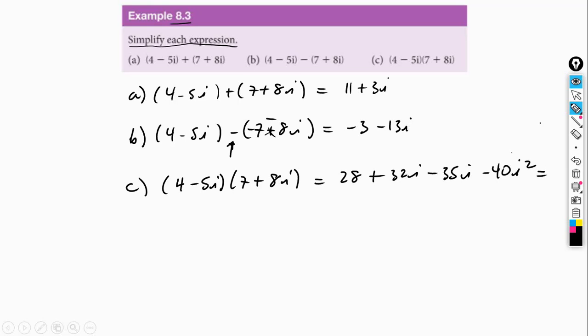So here notice that i squared is negative 1, so this is minus 40 times negative 1. In other words, this is plus 40. So we're going to end up with the complex number 68, and then 32i minus 35i would be minus 3i.